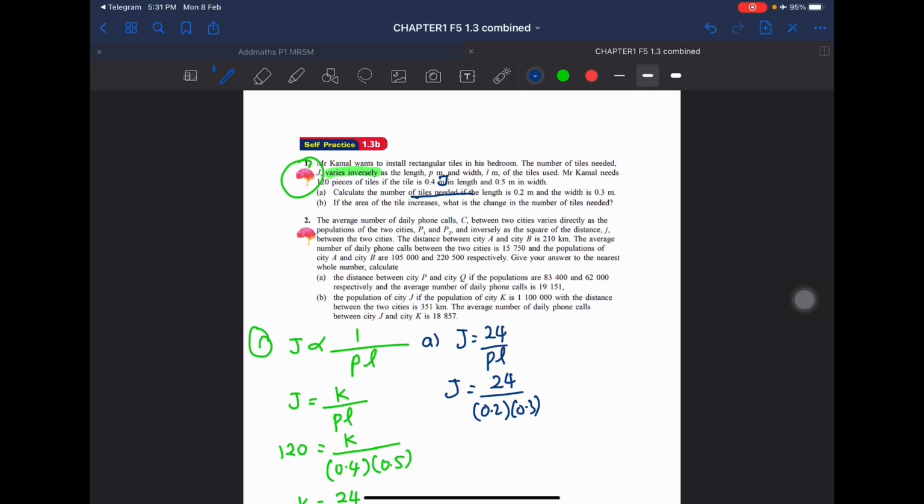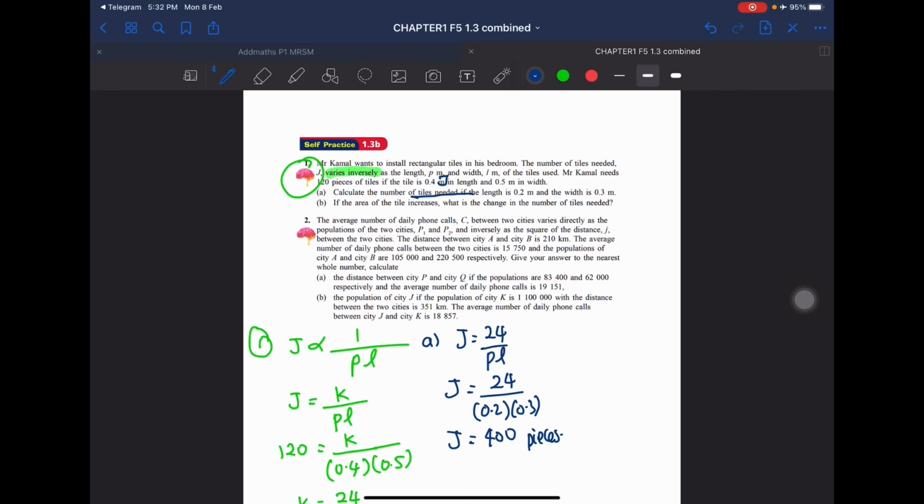Press your calculator. So your answer, J equals 400 pieces, because J is the number of tiles.